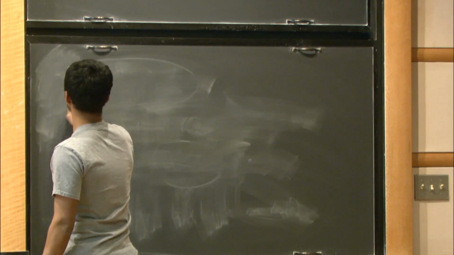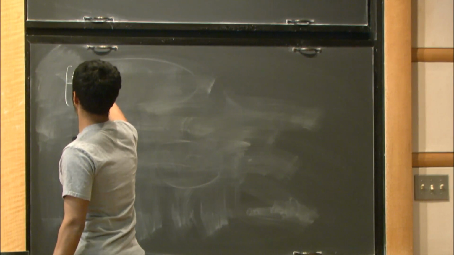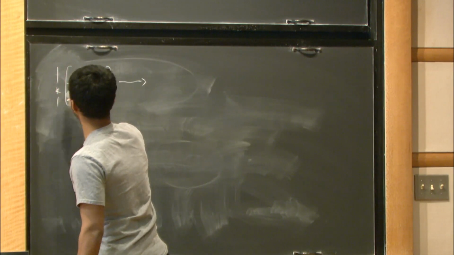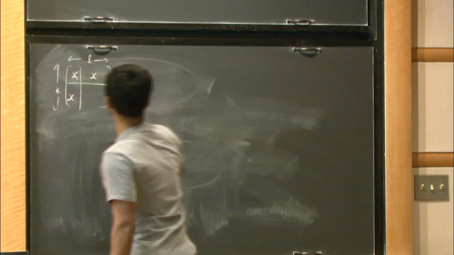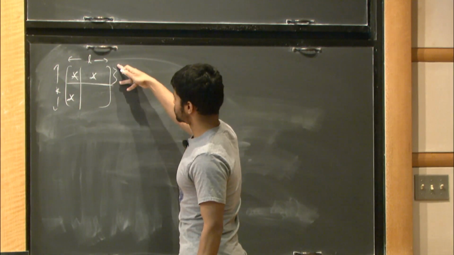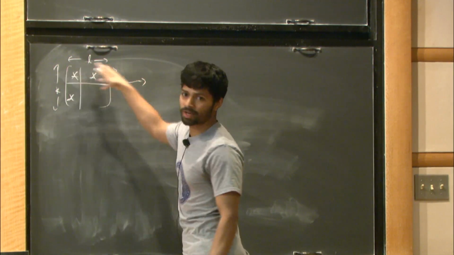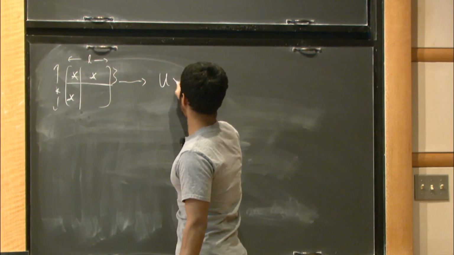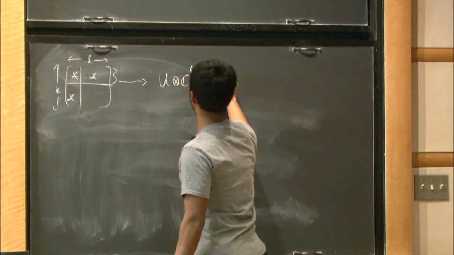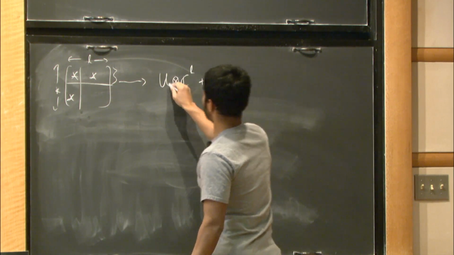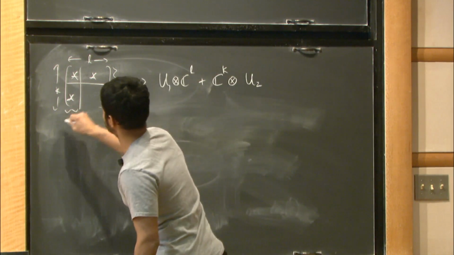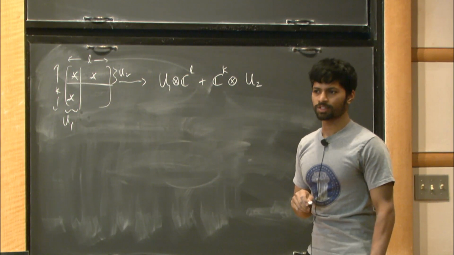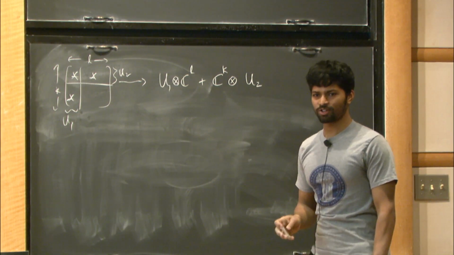I just want to say this subspace corresponds to, let's say this is of size K and this is of size L. So this will correspond to some subspace of L dimensional space, and this to some subspace of K dimensional space. So I want to say this is U1 tensor C^L plus C^K tensor U2. Make sense? I don't really need to choose a basis.